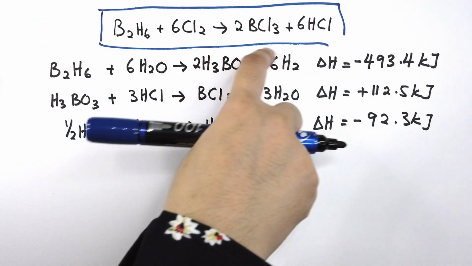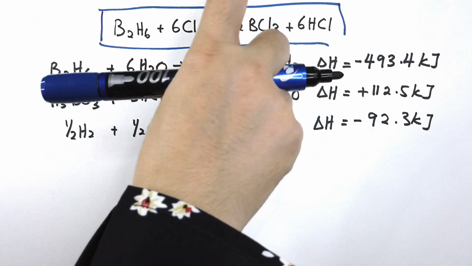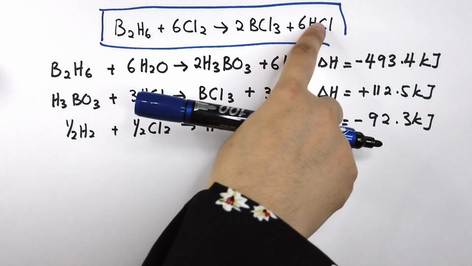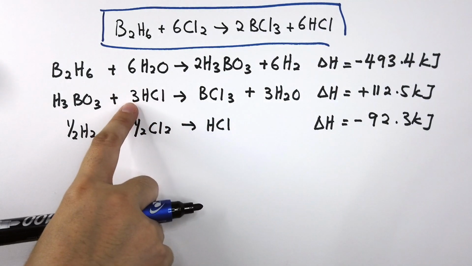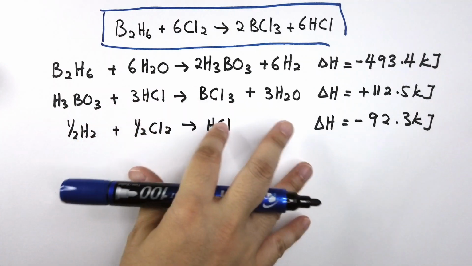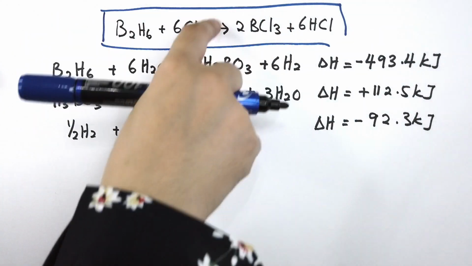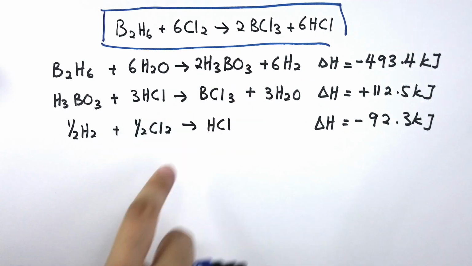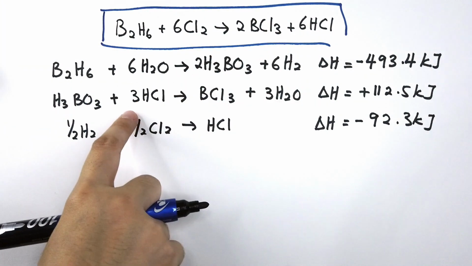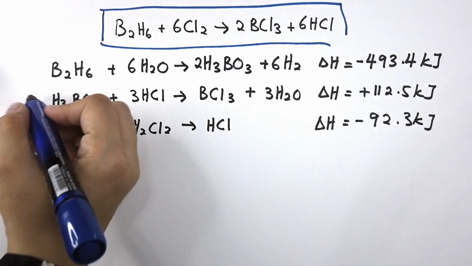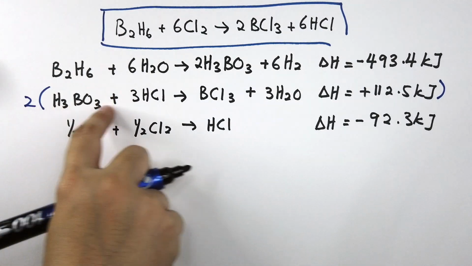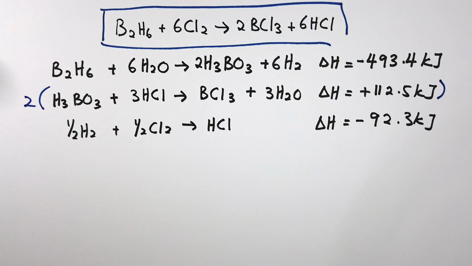BCl3 is indeed at the product, although the HCl should be at the product but here it is in the reactant, but it's okay. We are not going to do anything with the rearrangement yet, but both of these need to be times 2, because 2 times BCl3 gives 2 BCl3, and 3 times 2 gives 6 HCl. So you need to times 2 for all of the things here.